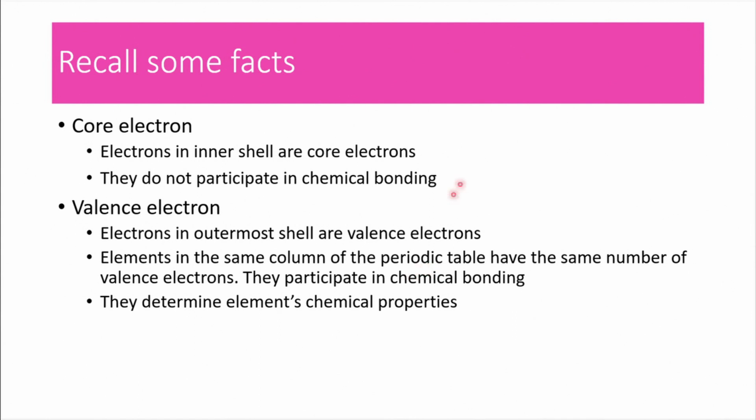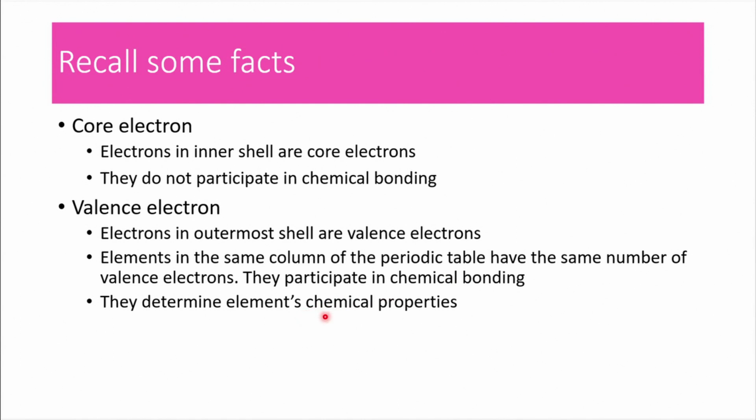You are already familiar with core electrons. The electrons in the inner shell are called core electrons. Generally, they do not participate in any chemical bonding. And when we say valence electrons, these are the outermost shell electrons, and elements in the same column of the periodic table have the same number of valence electrons. They participate in chemical bonding.